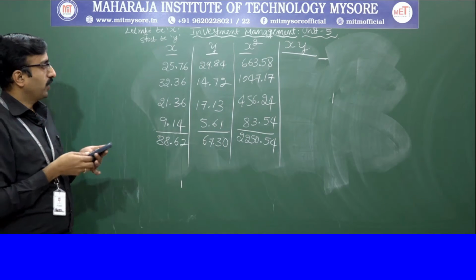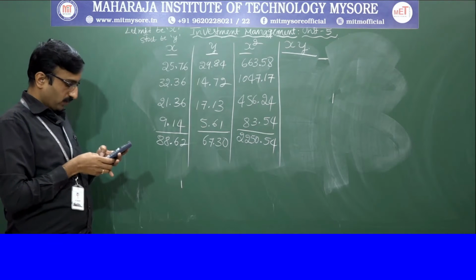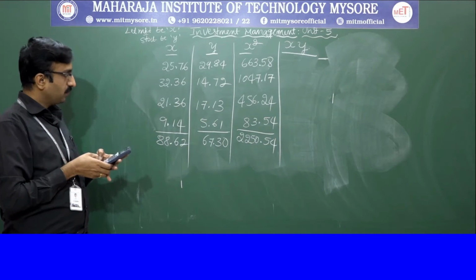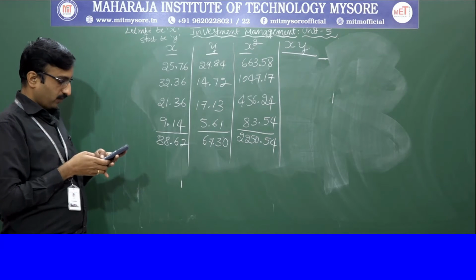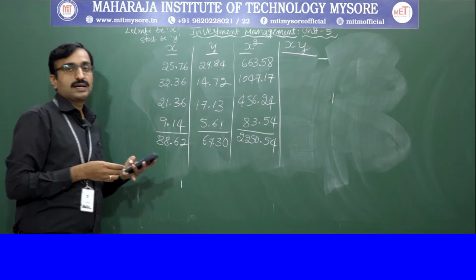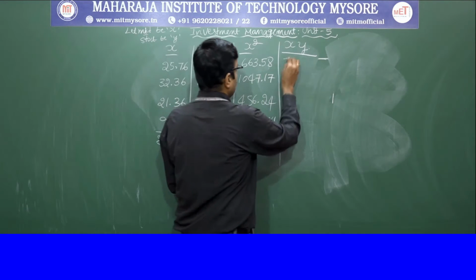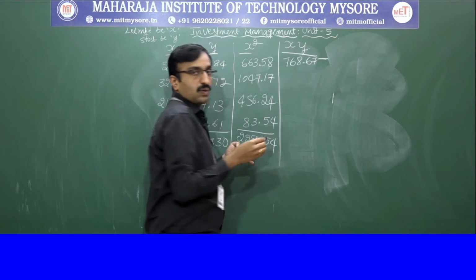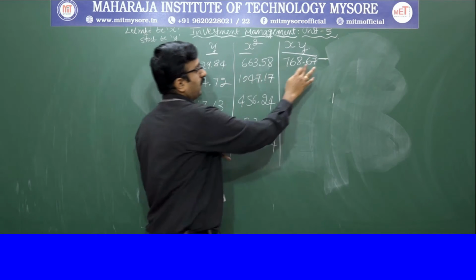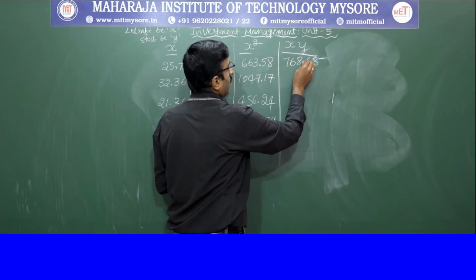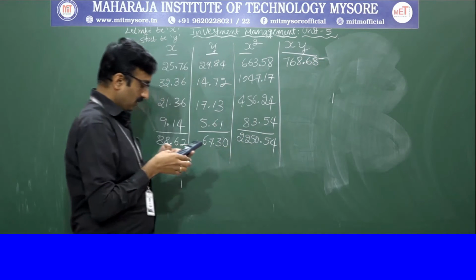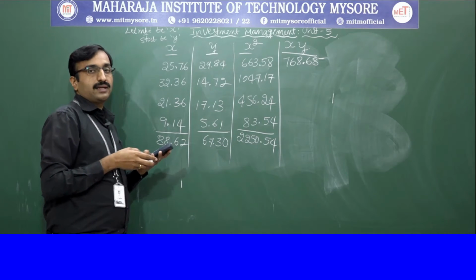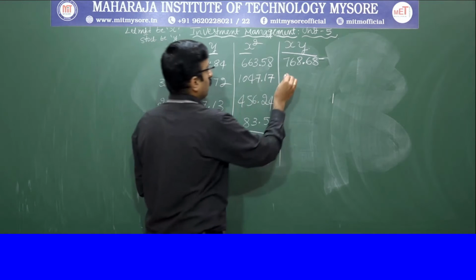Next, moving on to XY, you do multiplication, 25.76 into 29.84. If you do, you will get 768.67, or else you can take approximately 768. Next, second, you will get 476.34.